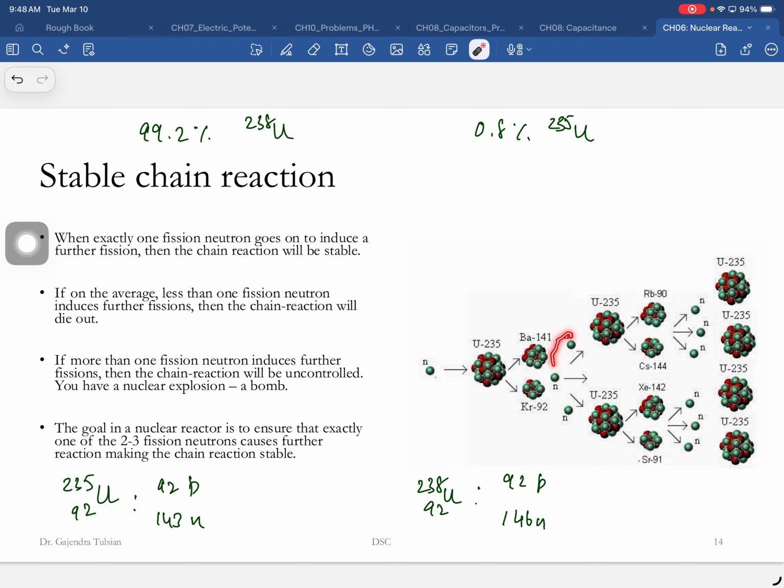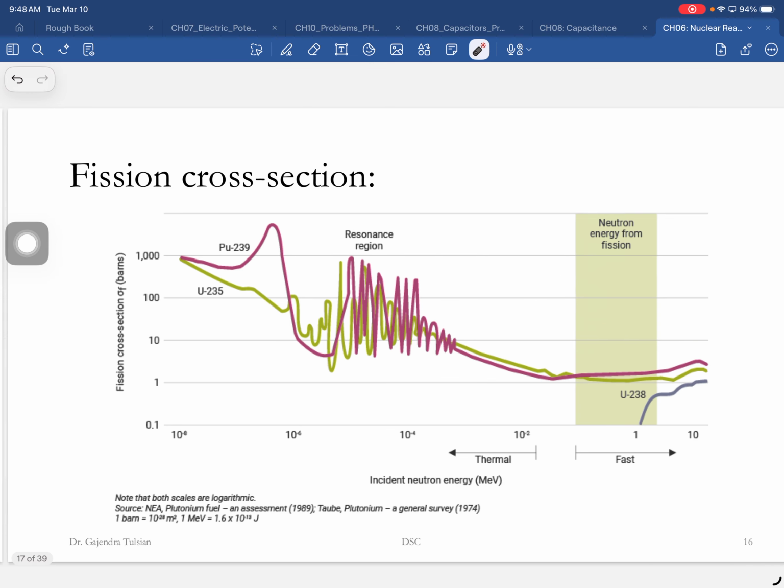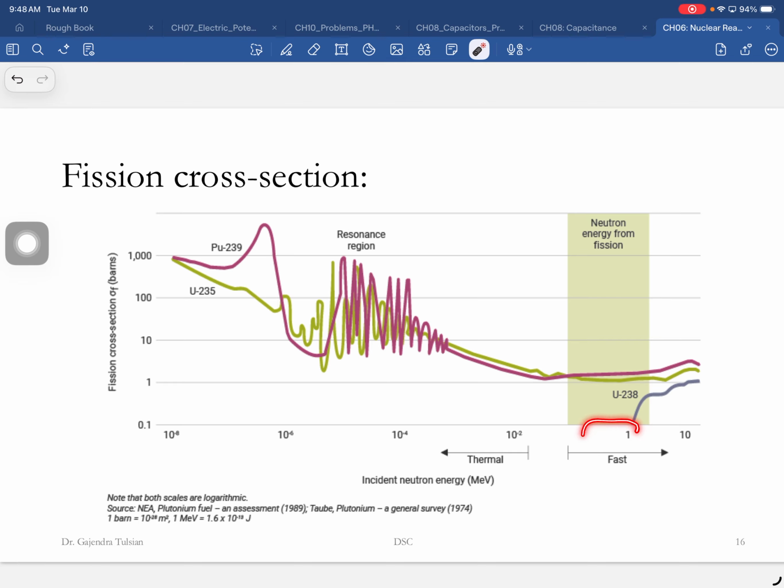When these neutrons come out of a fission reaction, they're going extremely fast, about 20,000 kilometers a second. That's about 1/10 the speed of light. They would go around the Earth in 1 second. So here's the problem. They're going very fast.